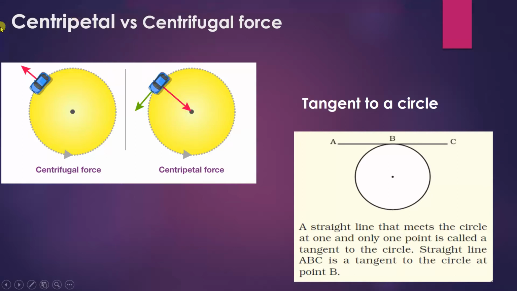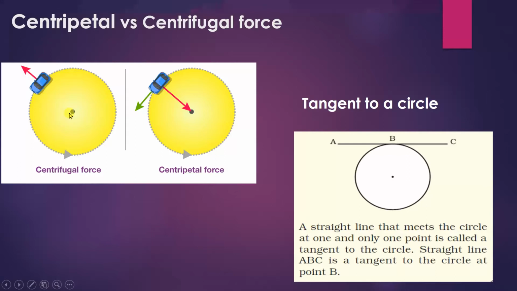Then centrifugal force. What it does is, when an object is moving in a circle, this force also comes into action only then, and it tries to move the object outwards, away from the center.